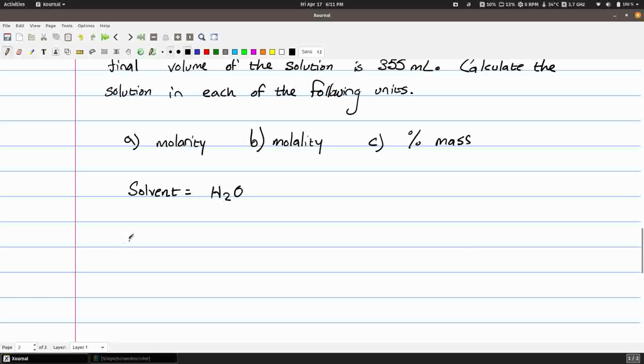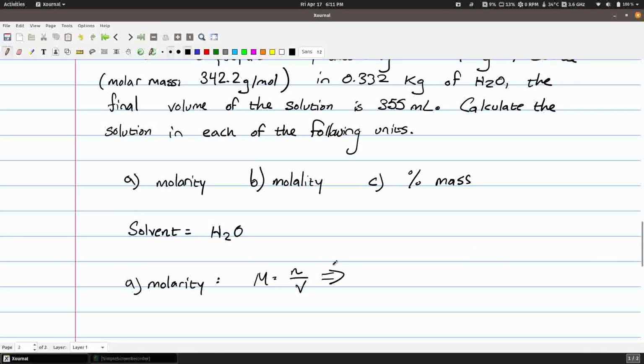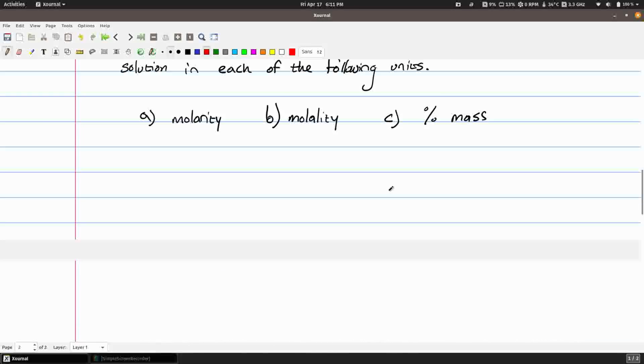So if you remember, molarity, well, I can't write today. Molarity is M equals n over L, or n over V, moles over volume. So in this case, we're given a volume of the final solution, but it's got to be in liters. So let's make a note of that. I'm going to do that on the previous page. Sorry about that.